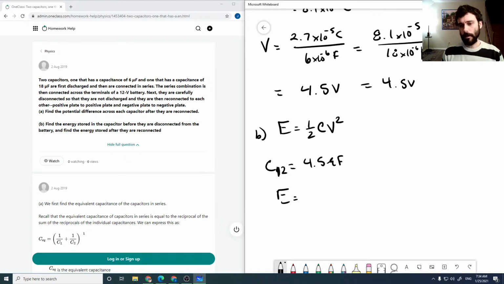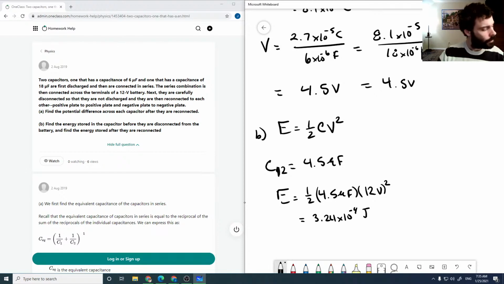So our energy was 1/2 times 4.5 microfarads times our voltage of 12 volts squared. If we do this out, it comes to 3.24 times 10 to the minus 4 joules.